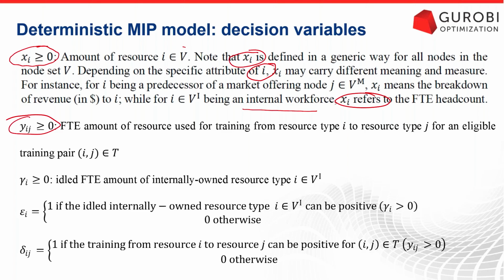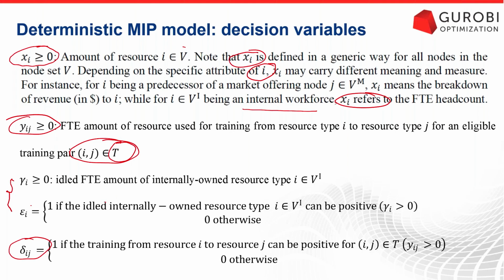And we use Y_ij to describe the amount of cross-training from role i to role j for any pair of eligible cross-training defined by T. Again, T can be firm-specific. And we use some additional binary decision variables like eta to track whether an FTE is idle or not, and epsilon_i to track whether the internal workforce i can be positive or not.